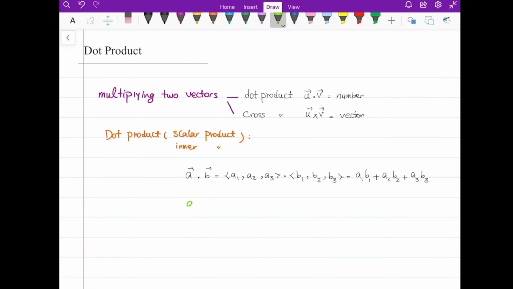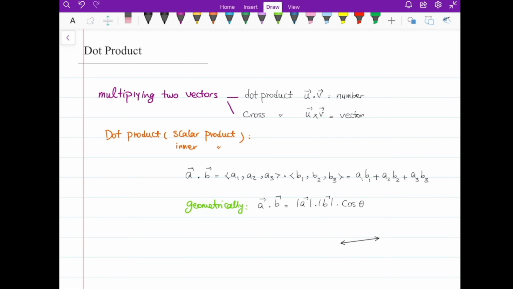Geometrically, what do we have? If we have a vector a dot product with the vector b, it is the length of a times the length of b times the cosine of the angle theta between the two vectors.